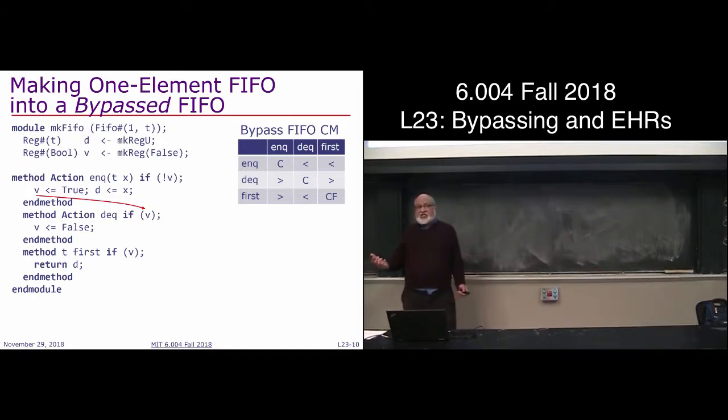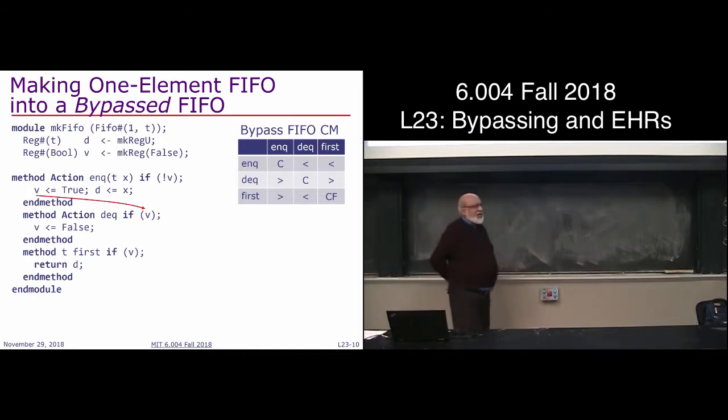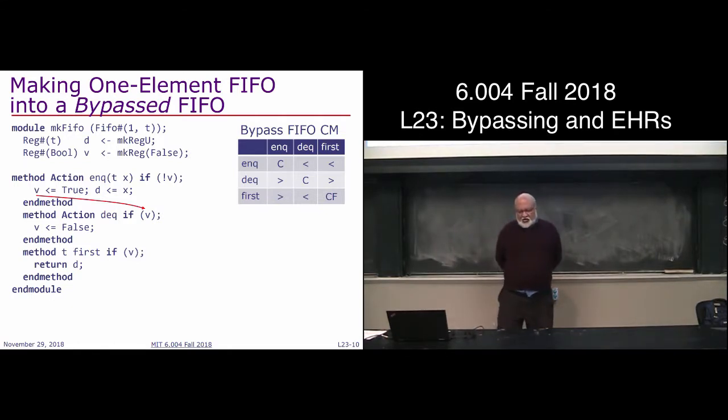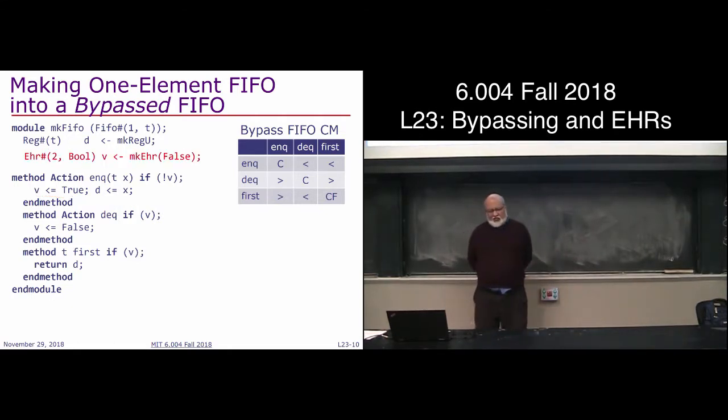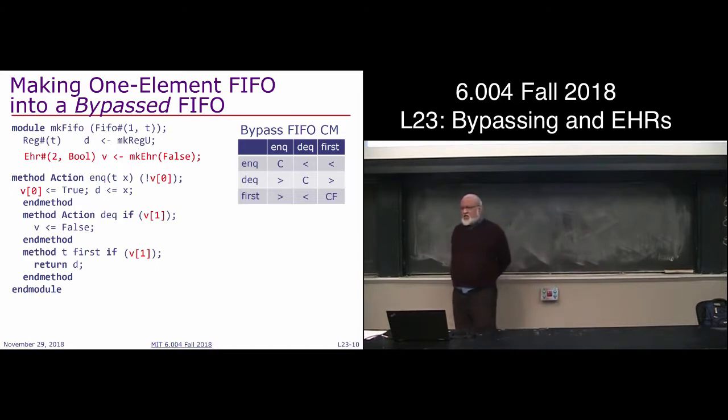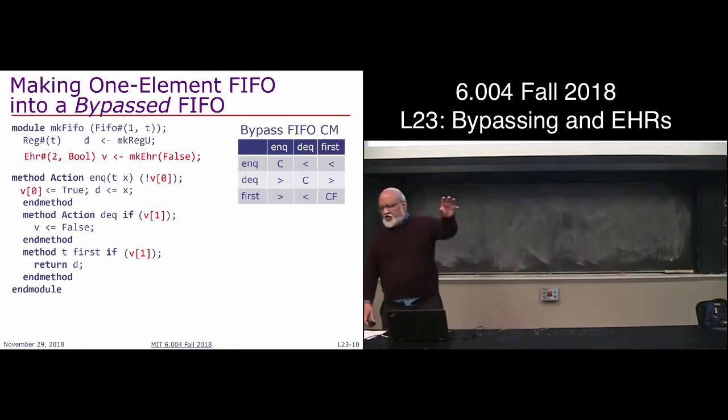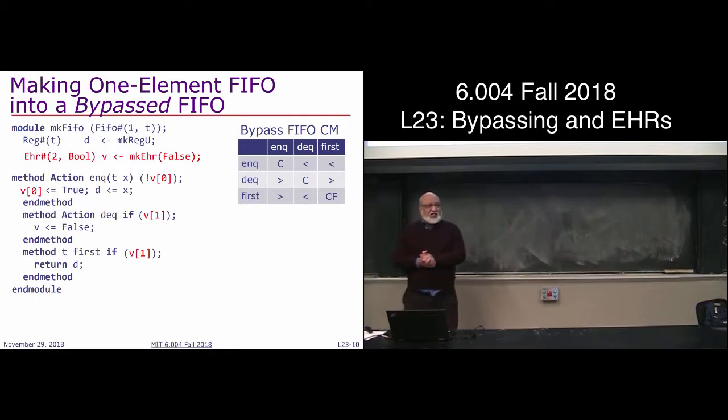I want to be able to sense that, something like this was happening, and in order to do that, I'll have to change again, V has to be changed to EHRs, and you'll change all these values accordingly. Because if I write V0 in NQ, then in DQ, when I read V1, I'm seeing the latest value. I know that somebody wrote it.